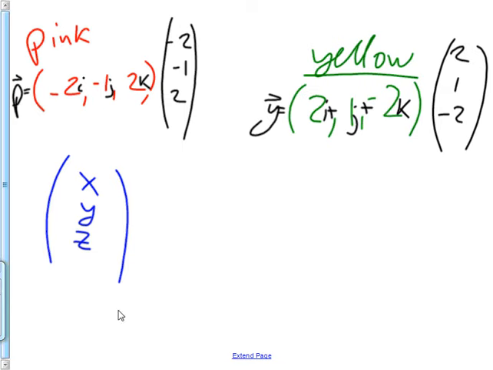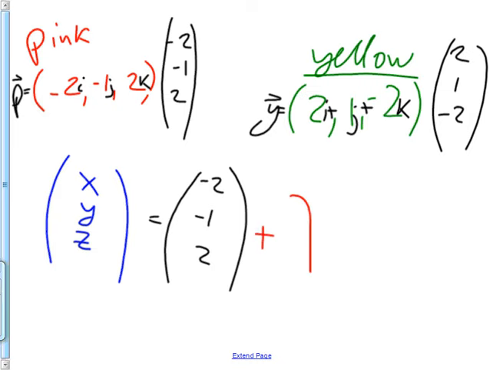Okay, so I asked, what is the vector that goes from the pink point to the other point? So right away, I hope you knew that you just start with the starting point, which was this one, -2, -1, 2. And then you just put plus lambda and then the other point, right? No, that'd be great if it was that simple.